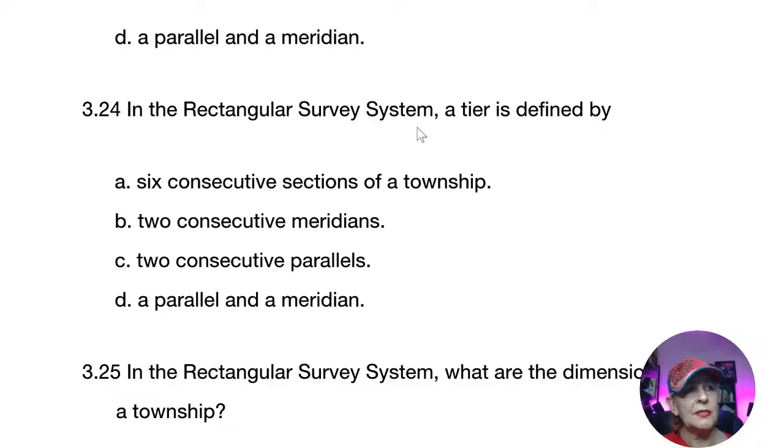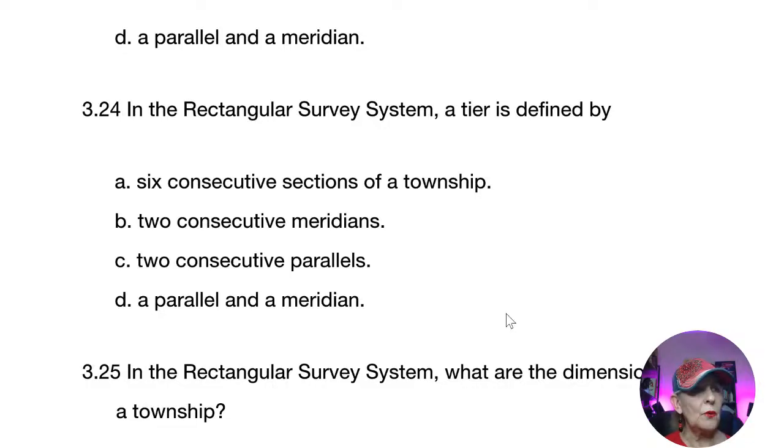So in the rectangular survey system, a tier is defined by A, 6 consecutive sections of a township, B, 2 consecutive meridians, C, 2 consecutive parallels, or D, a parallel and a meridian. So number 24.